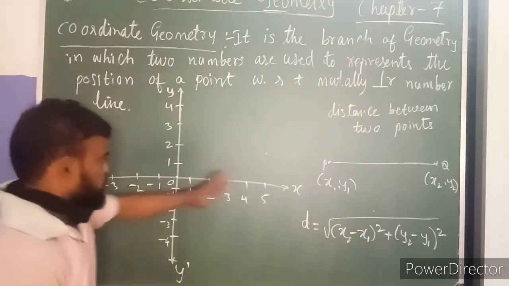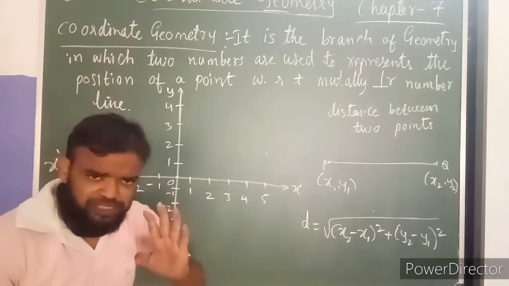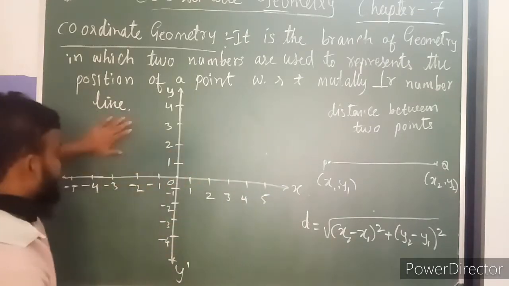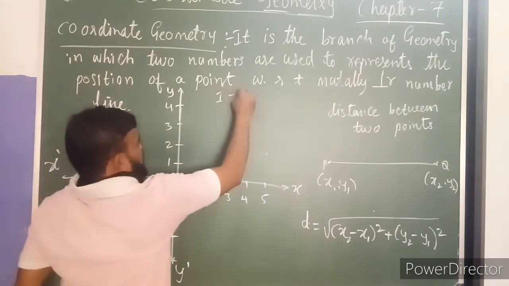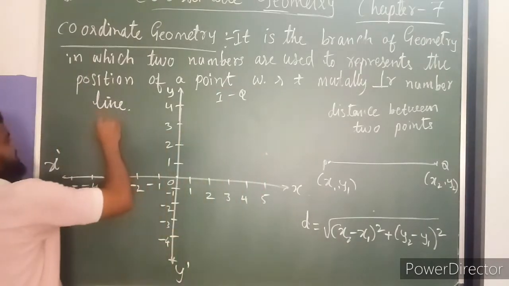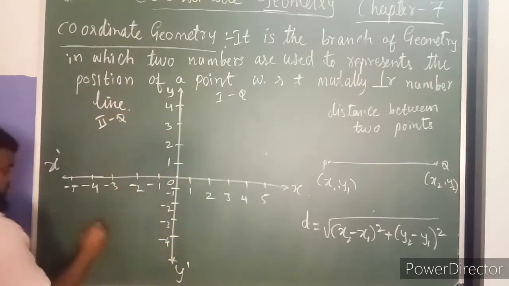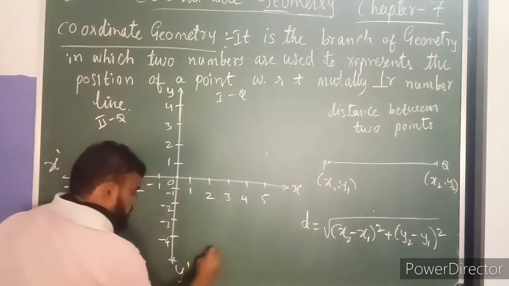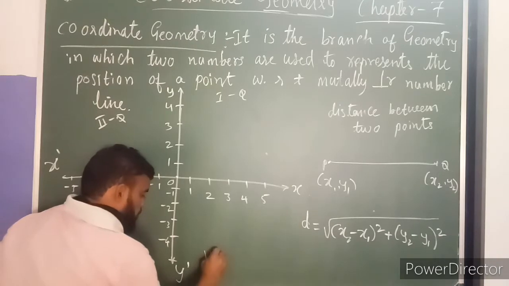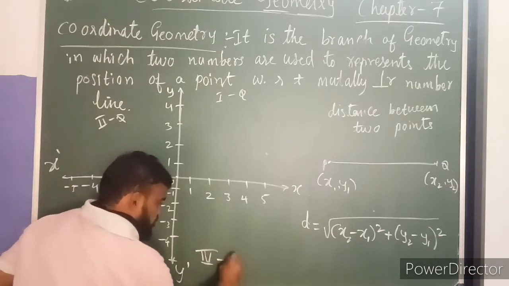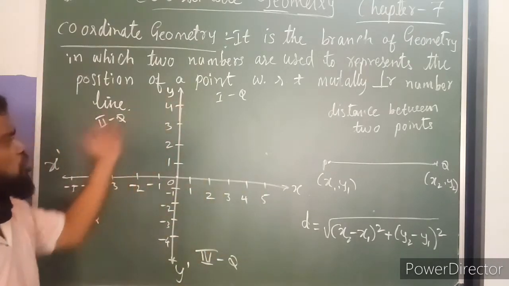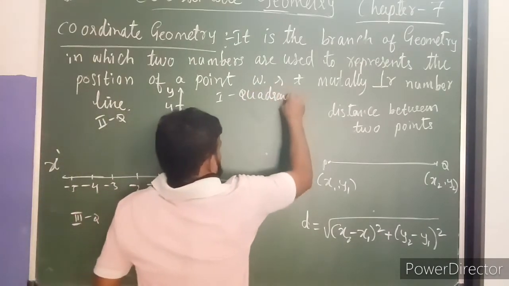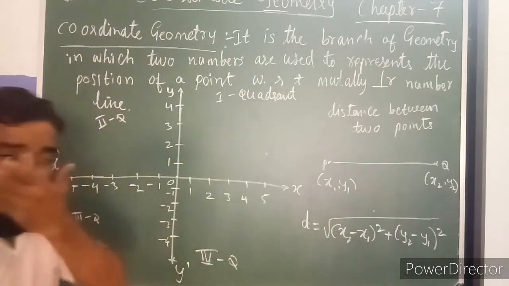In that graphical method there are 4 quadrants: this is the first quadrant, this is the second quadrant, this is the third quadrant, and this is the fourth quadrant.